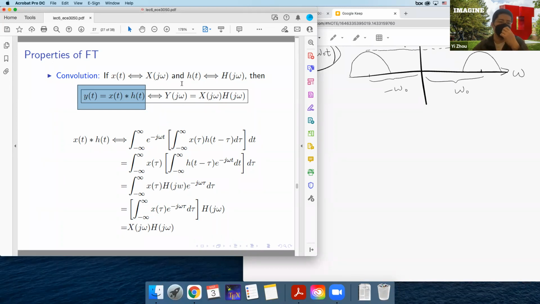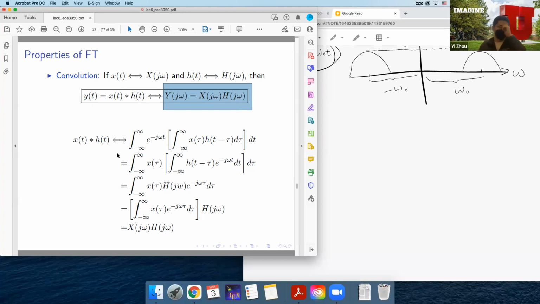You just need to look at the spectrum of these two separately and then multiply them together. This resulting spectrum is the spectrum of the output signal. And to get the output, once you have that, you just need to do an inverse Fourier transform to get the output y(t). In this way, you can completely avoid calculating the convolution.